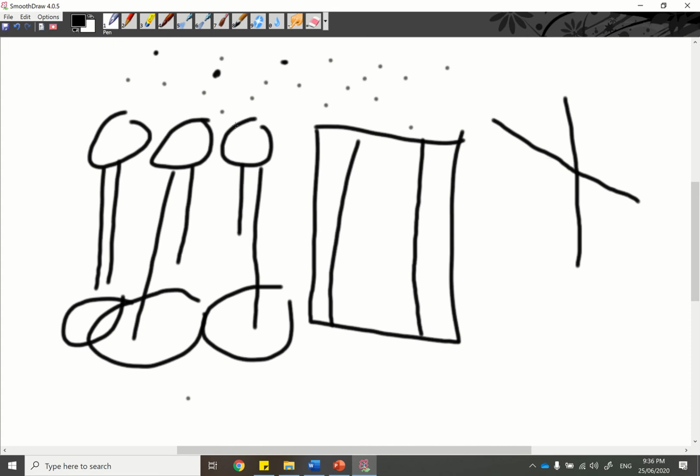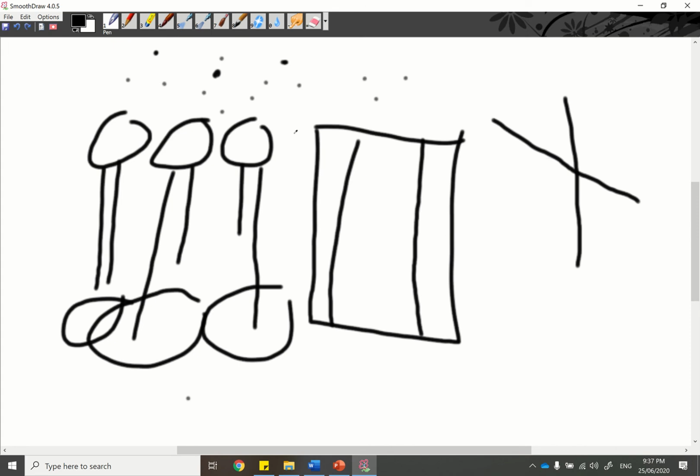Diffusion of water works in the same way, down the concentration gradient. And over time, all the water is going to diffuse in and maybe make the cell bigger, until they reach equilibrium and there is no net movement of water anymore.